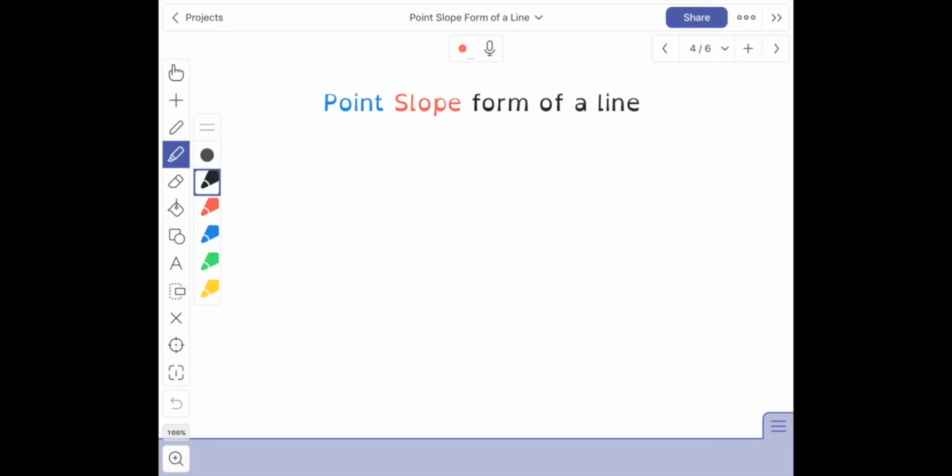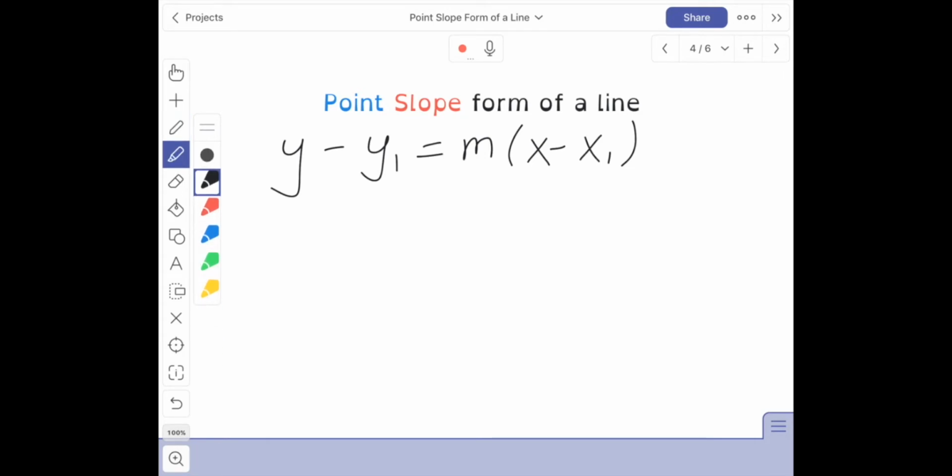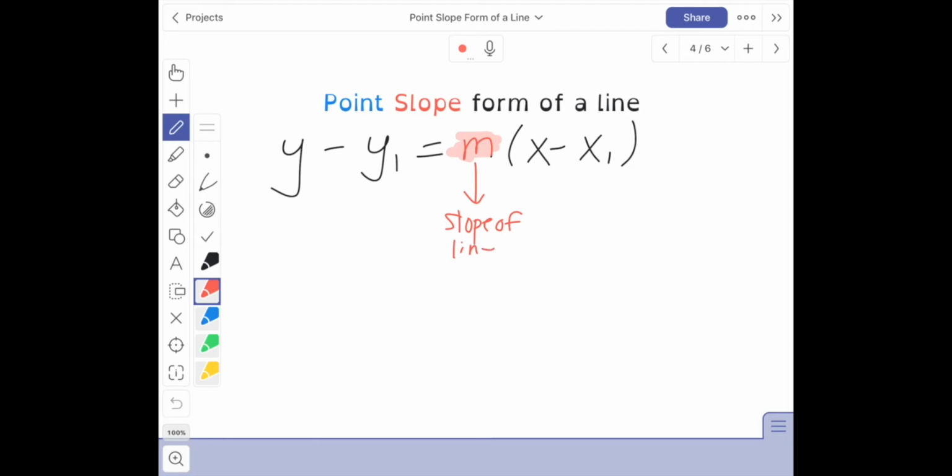Now, point-slope form of a line is written like this. So make sure you can start to memorize that form. Now, what is it? Well, first of all, there's a couple letters here. So M, the letter M, that's the slope of your line. So that's what the slope in point slope comes from. Now, the point aspect, we're going to notice there's this variable called x1 and this variable called y1.